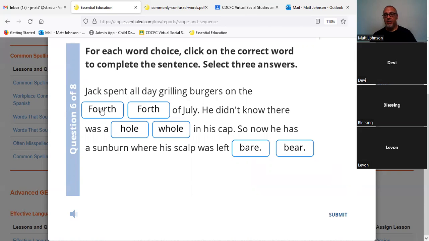But in any other occasion, if you're seeing 4th, it's FOURTH. So 4th of July, he didn't know there was a hole, right? So a space in his cap, HOLE. So now he has a sunburn where his scalp was left bare, BARE.